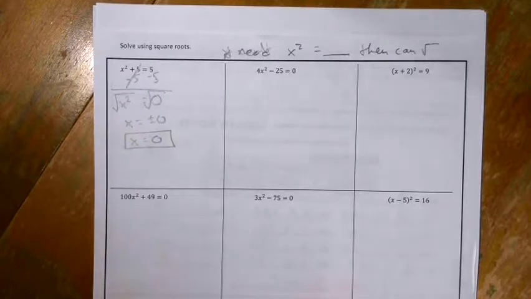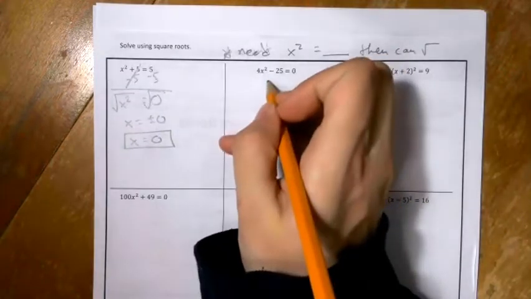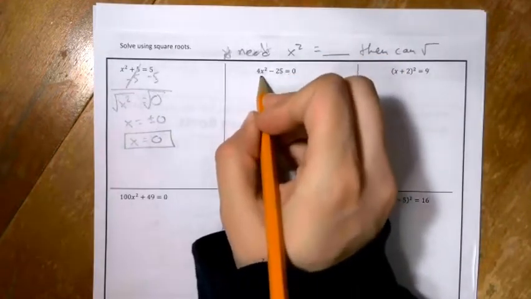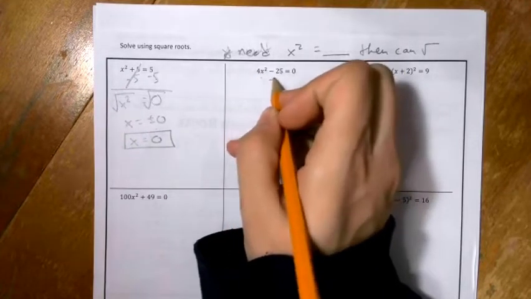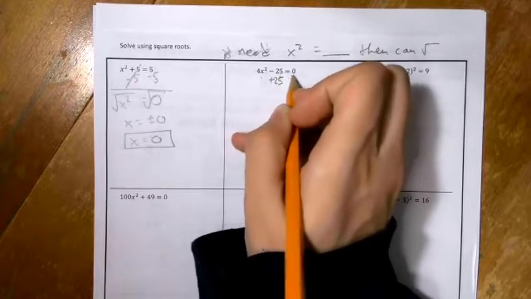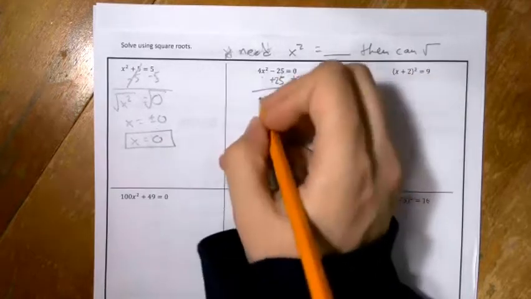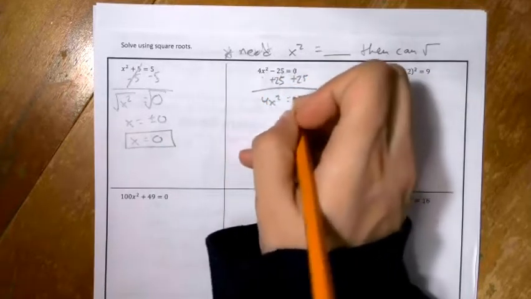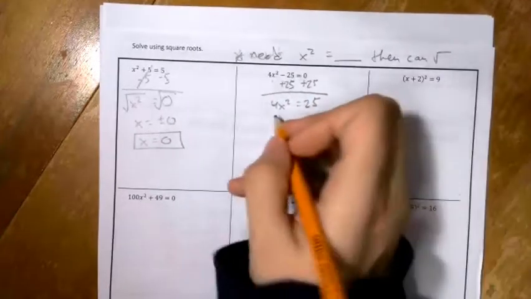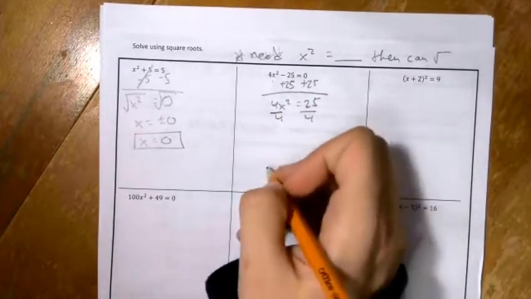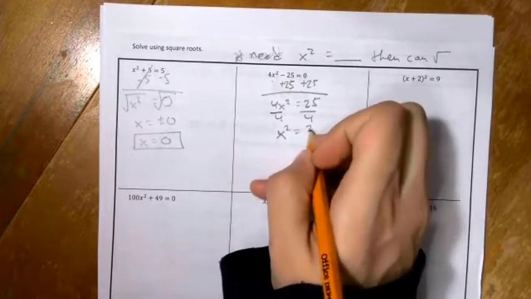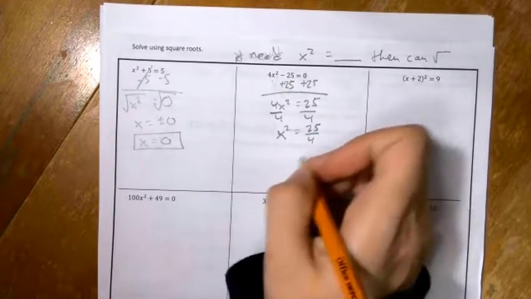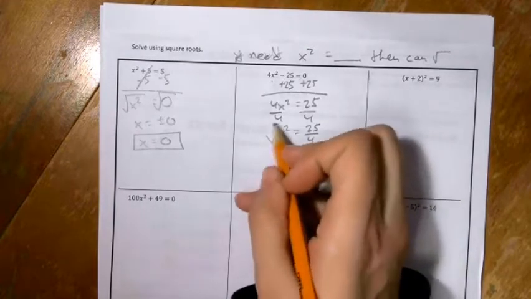For our second one here, I need to get x squared by itself. So first thing, I add 25 on both sides. So we have 4x squared is equal to 25. Then I need to divide by 4 on both sides. So we have x squared is equal to 25 divided by 4. Now I have to square root.